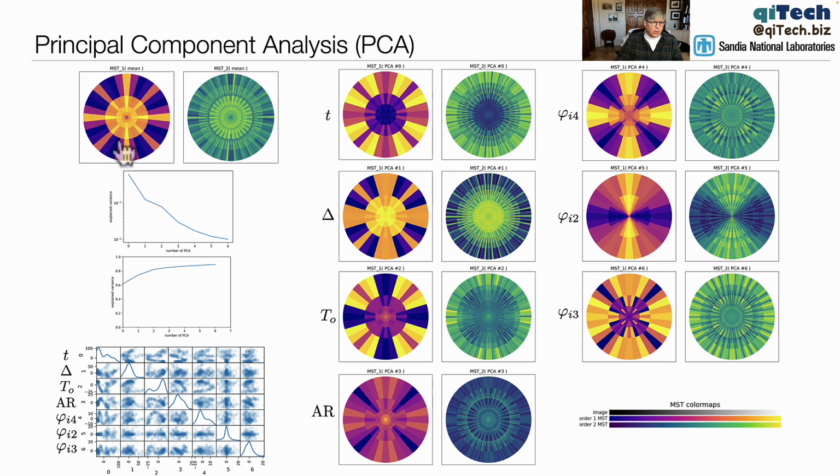In the upper left-hand corner is the mean MST over the ensemble, the explained variance of each one of the principal components, as well as the integral of that curve. And the lower left-hand corner is the scatter diagrams associated with each pair of the input parameters, as well as the distribution of each one of the input parameters shown along the diagonal.